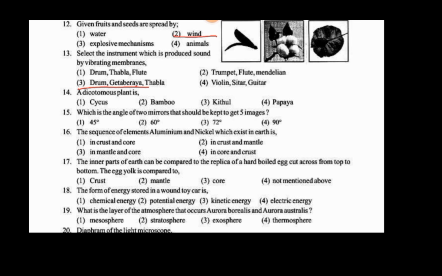Then, a dicotyledonous plant is... dicotyledonous, right? Normally we can divide plants into two categories based on the number of cotyledons in their seeds, right? If there is one cotyledon, meaning seed leaf, they are called monocotyledonous. If there are two leaves in the seed, it's called dicotyledonous, right? So, monocots have only one seed lobe, while dicots have two seed lobes.